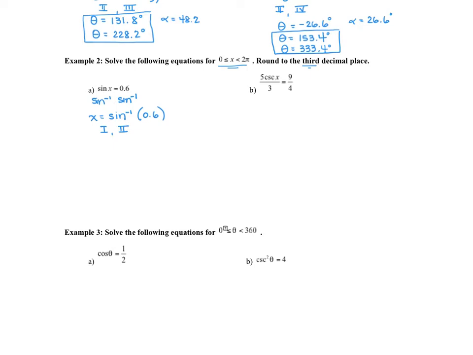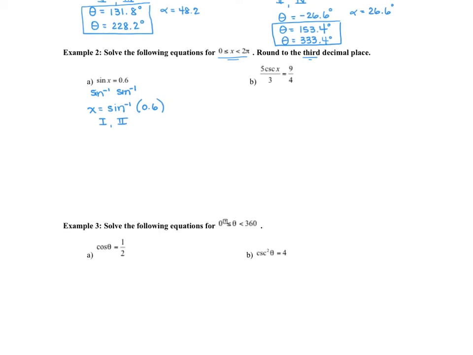If I plug inverse sine of 0.6 into my calculator, I should get a value between negative pi over 2 and pi over 2. So in decimal format, you should get x equals 0.644, rounded to 3 decimal places. That's my answer in quadrant 1.